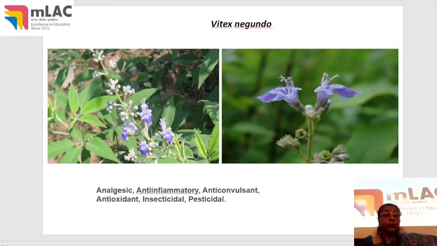Now finally we come to the last plant which we have listed, that is Vitex negundo, a very important medicinal plant, as it is used for analgesic, anti-inflammatory, anticonvulsant, antioxidant, insecticidal and pesticidal properties. So these are the various important properties that the plant has, with which these kinds of diseases can be treated.